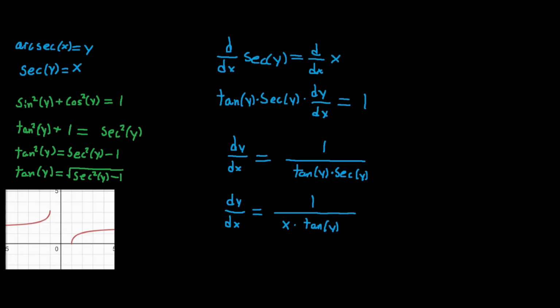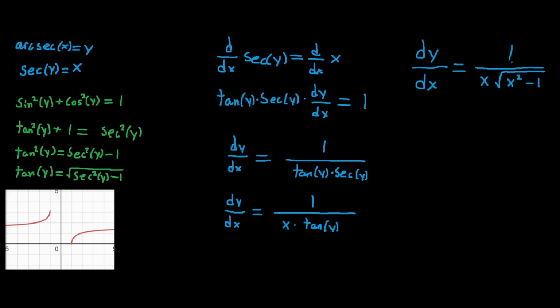So I'm going to redo that over here. dy over dx equals 1 over the x that we had earlier times the square root of x squared minus 1. Okay, and that's our derivative, but there is one more step that we have to do.